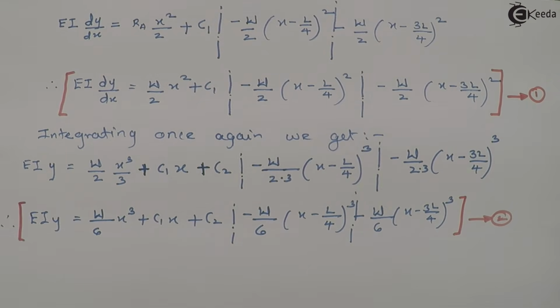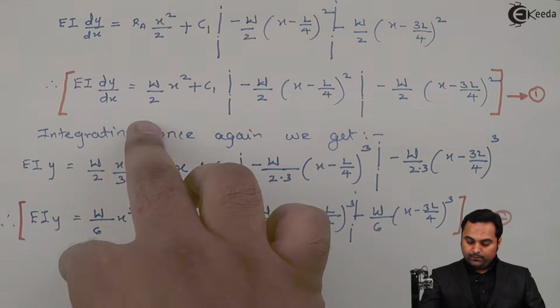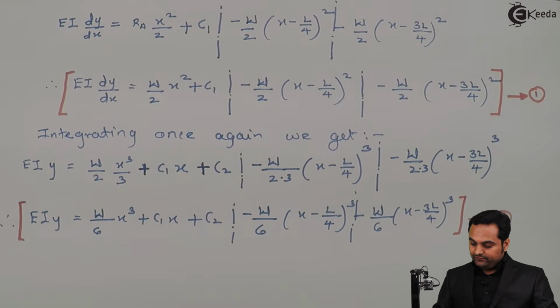Now after getting equation 1 and equation 2, we need to know the values of constants C1 and C2, because once we have the values of C1 and C2, then we will get the complete equation of deflection and slope, and then we can find the remaining unknown values.